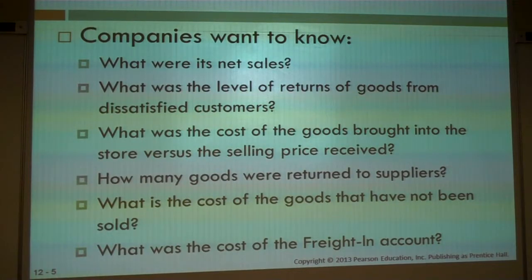What was the level of returns of goods from dissatisfied customers? Why do we need to know that? Why do we need to keep track of what customers return? Because if there's a thing that no one buys and keeps, we might not want to sell that. If they don't keep it, we might want to know why they don't keep it.